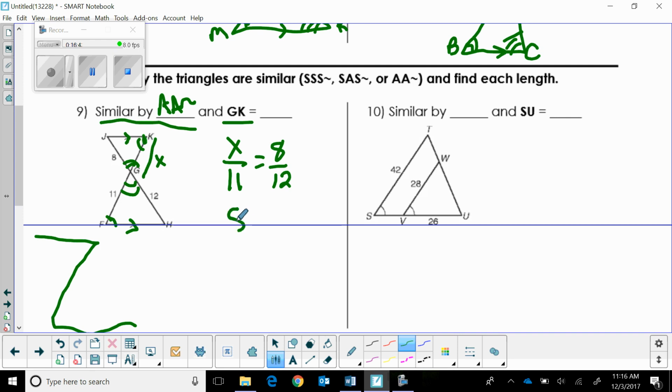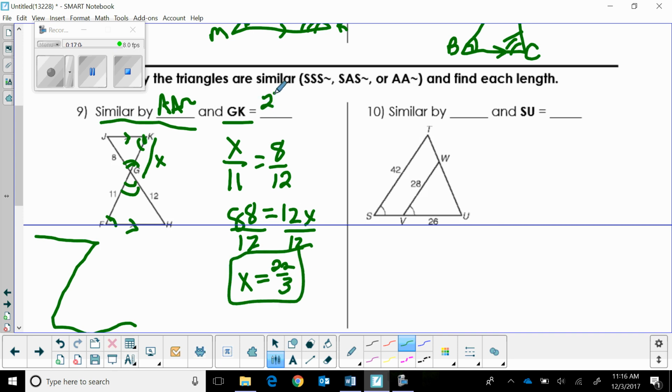And let's just cross multiply. So 88 is equal to 12x. Divide both sides by 12. And you get x is equal to, let's see, divide by 4, 22/3. And that's what the length would be. So this will be 22/3.